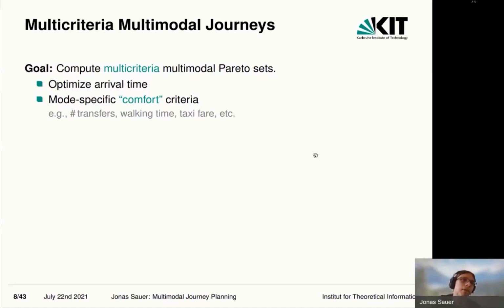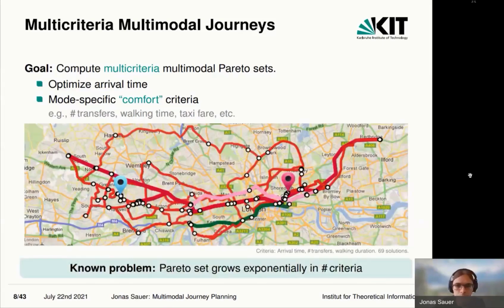So if we have a multimodal network, then multi-criteria optimization is basically always necessary, because if we don't take these comfort criteria into account, then the solutions we obtain will be of fairly poor quality. Now there's a problem with that, which is the more criteria we add, the larger the Pareto set becomes, because the Pareto set typically grows exponentially in the number of criteria.